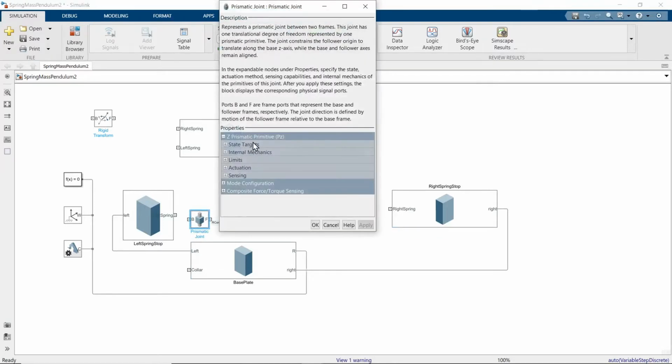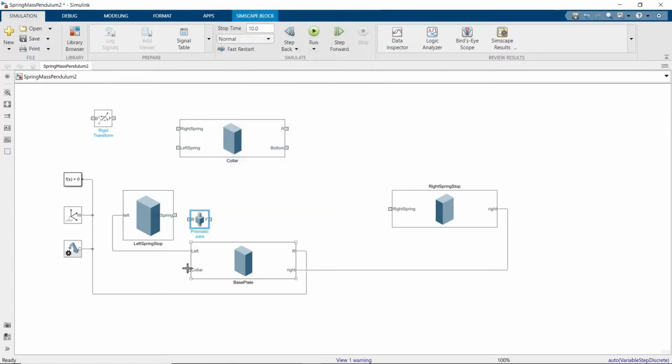Okay, now if we read about the prismatic joint, it basically allows translation along the base z-axis while the base and follower axes remain aligned. So we need to translate that, but let's connect it and see so we can understand exactly what's happening here.